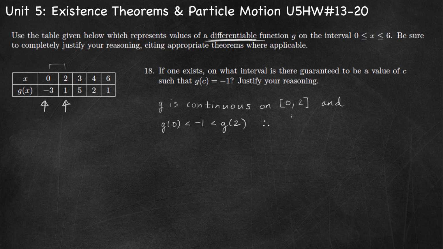Therefore, the intermediate value theorem guarantees that g of c will equal negative 1 for some value c on the open interval from 0 to 2.